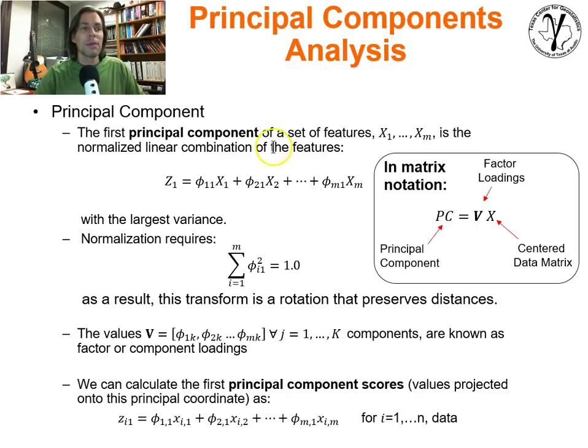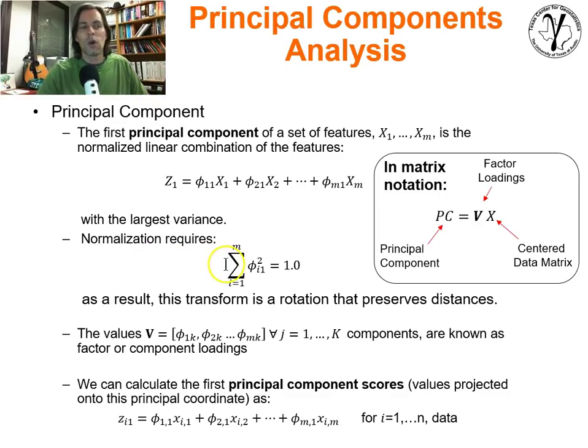And so what are they? The first principal component, for a set of features x1 through xm, is really the normalized linear combination of the features. So we take these principal component loadings and apply them to each one of the variables in order to calculate this first principal component. And it will describe the largest amount of variance possible through one of these components.